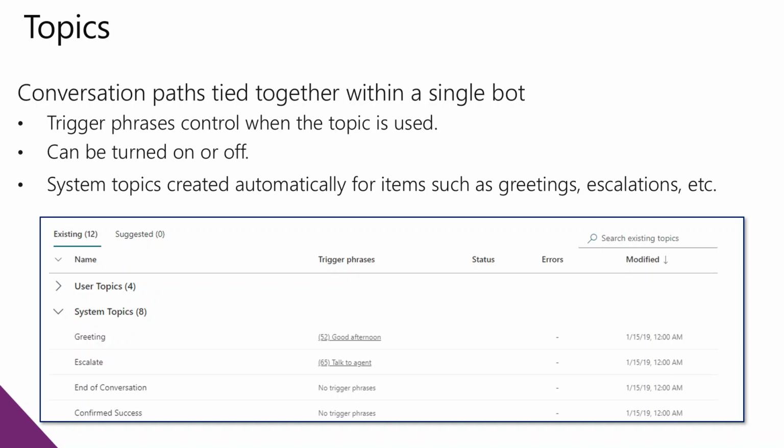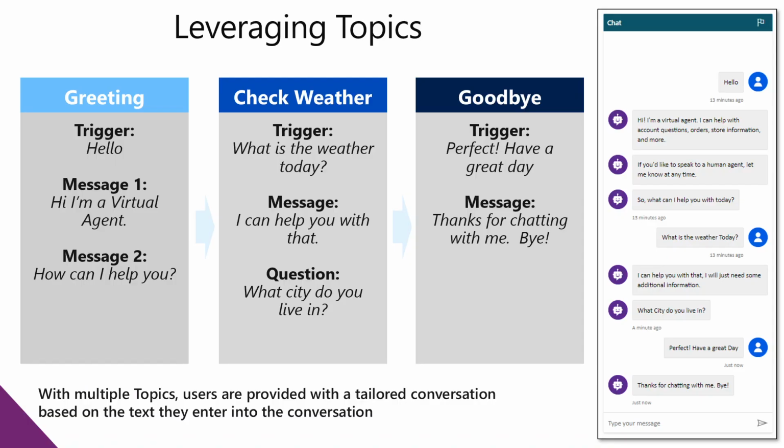These triggers can be turned on or off, and there are some inbuilt system topics, such as the greeting. So if someone comes online and just starts to chat, good afternoon, the bot will reply with, oh, hey, how are you doing? Or that kind of thing. So there are system topics that are built in that you can turn on or off, and trigger phrases control when that topic is actually used.